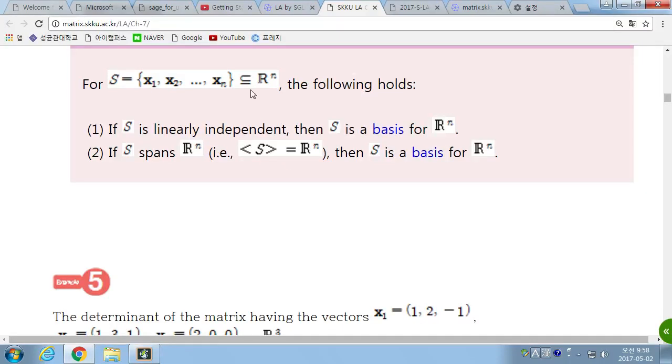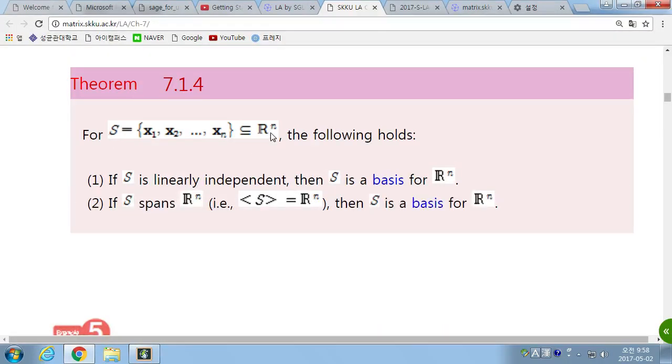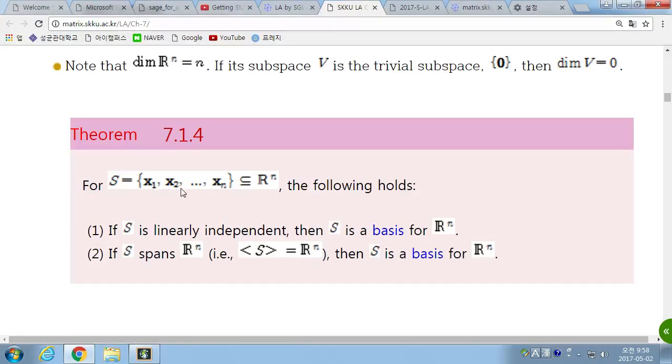그 다음, if we have a set of n vectors in Rn, and they are linear independent, then it is a basis. 그러니까 Rn 안에 n개의 벡터가 1차 독립이면 스팬은 보일 필요도 없이 그냥 기저라는 소리예요. Next.